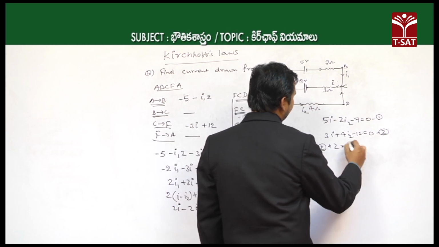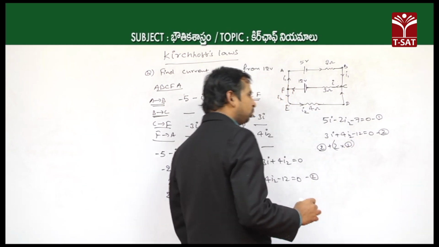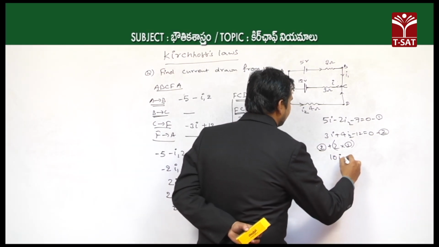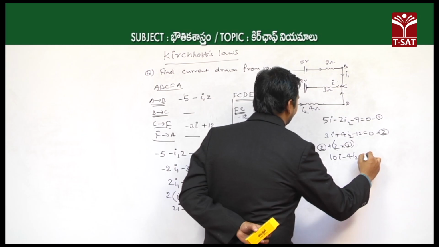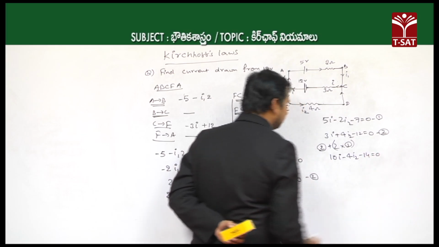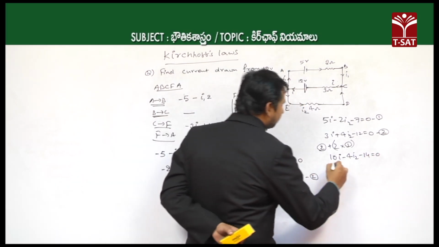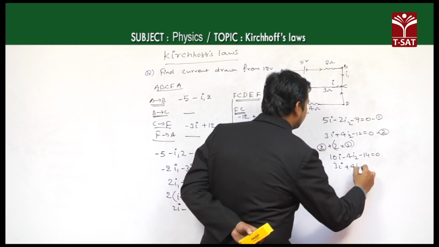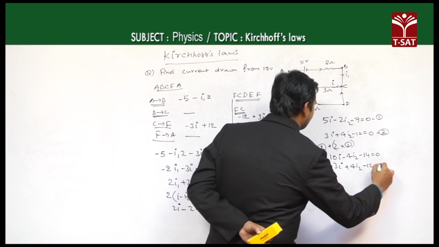the second equation plus 2 times the first equation. I am multiplying the first equation by 2, so that it becomes 10I minus 4I2 minus 14 is equal to 0. And the second equation is 3I plus 4I2 minus 12 is equal to 0.